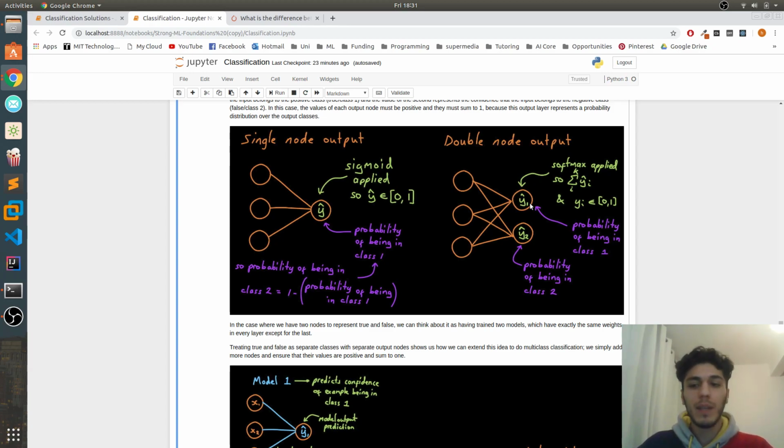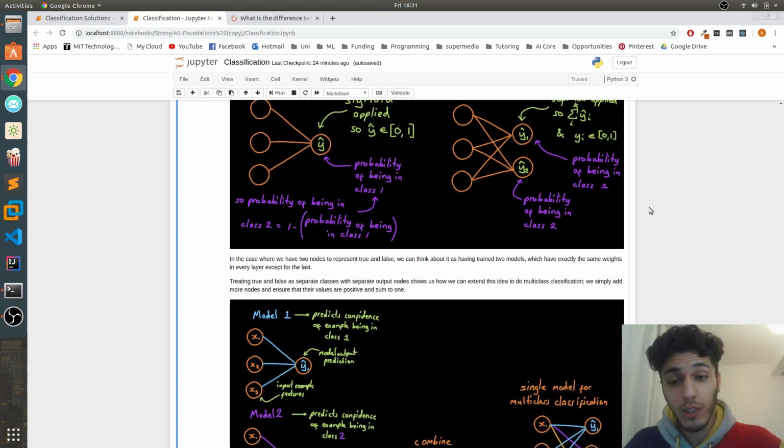So our output probabilities have to sum to 1. This first node will represent the probability of our house being a Victorian house, and our second output will predict the probability of it being a Georgian house. Okay, hope that makes sense. If it doesn't, make sure you comment.